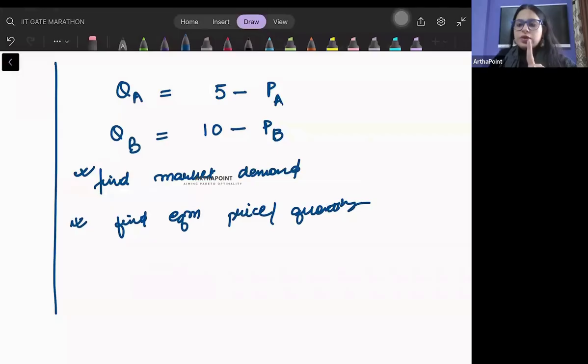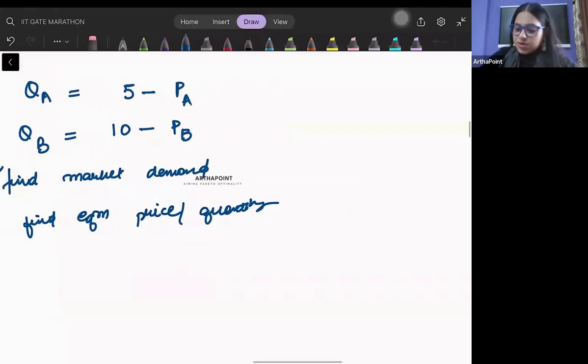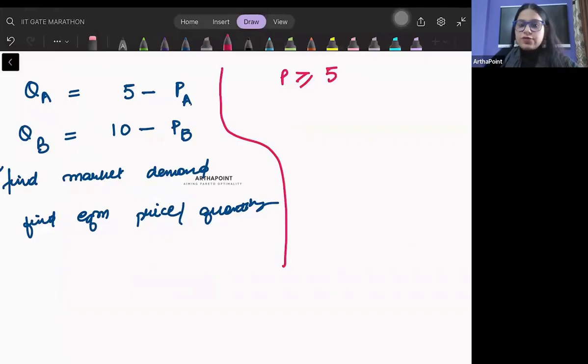Just remember one thing. Just tell me something. देखो what happens when price of the good is 6 rupees. अगर price, not 6 actually, if the price is anything greater than equal to 5, अगर price 5 rupees से ज्यादा है, then what will happen in the market?